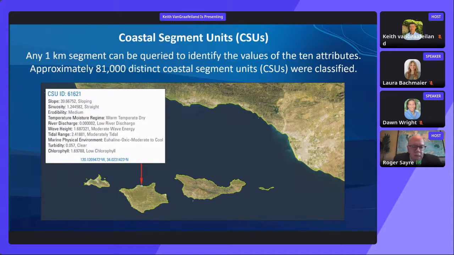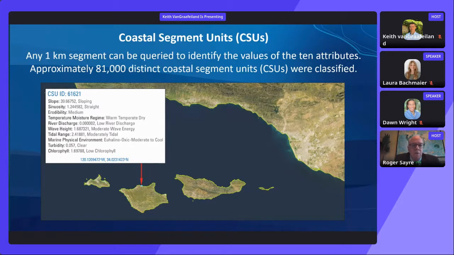The classification of the segments produced 81,000 unique coastal segment units, the CSUs. And now here you see a pop-up result from a query of the data.